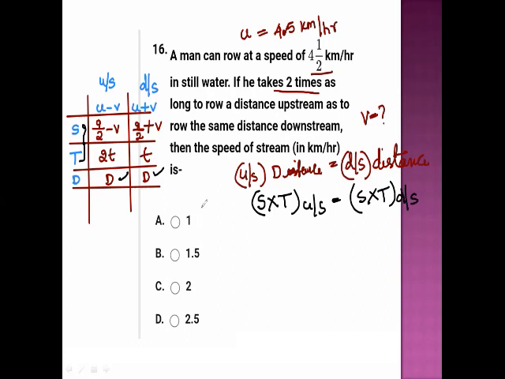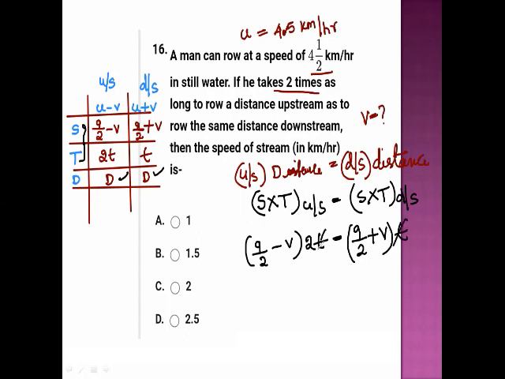What is the speed here? The speed is 9/2 minus v into time, and the time is 2t. This should be equal to 9/2 plus v into t.